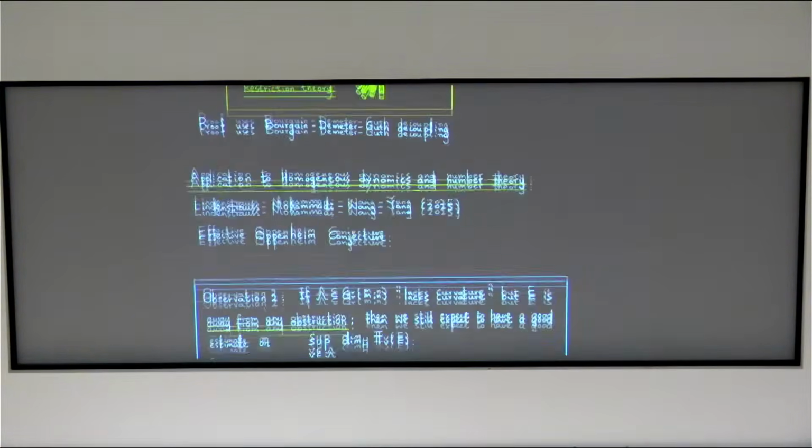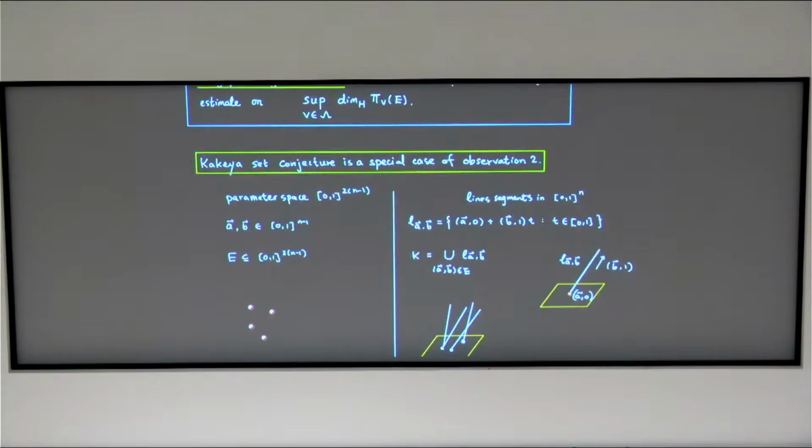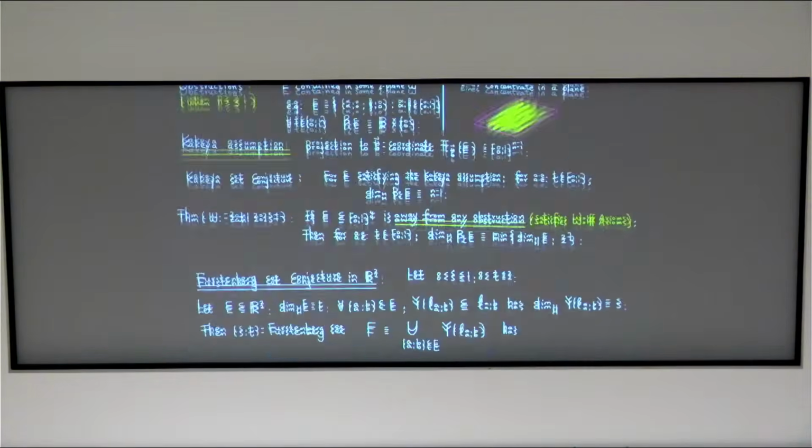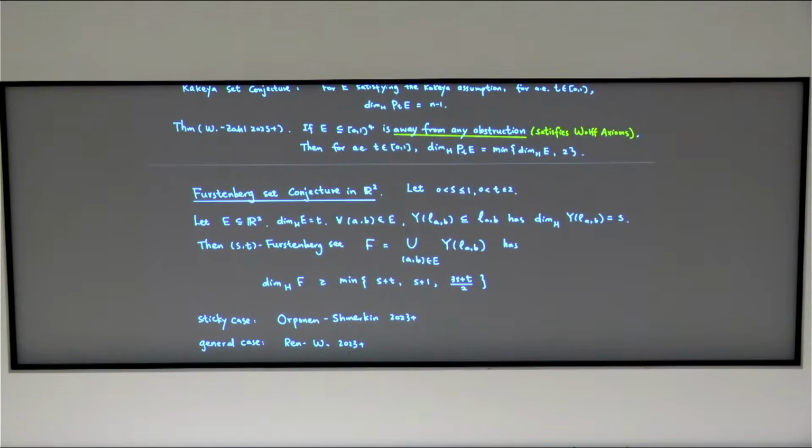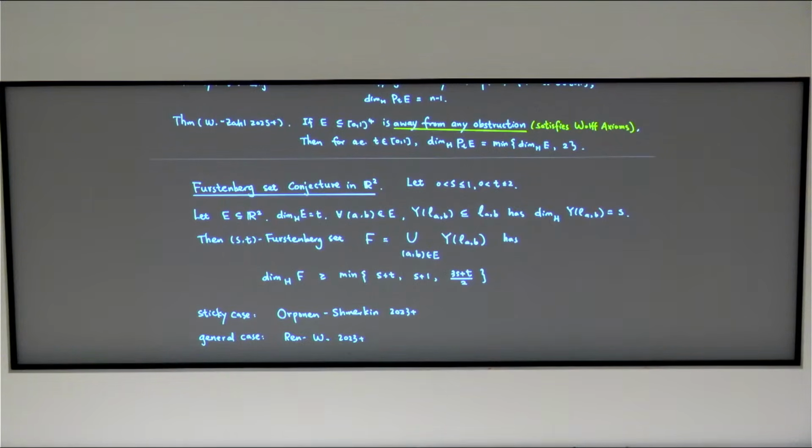Yes, so that's why I didn't say two ends here. This Furstenberg set conjecture requires the Hausdorff dimension of the subset to equal s, and the bound depends on s. So previously we made a conjecture that's even stronger than the Furstenberg conjecture, that only requires an epsilon dimension, but the s is some sort of Minkowski dimension.